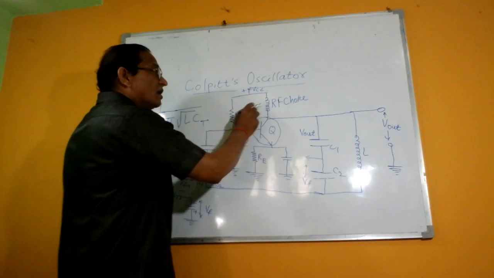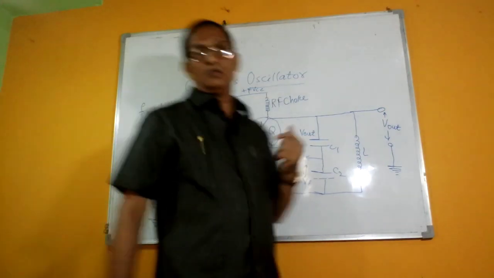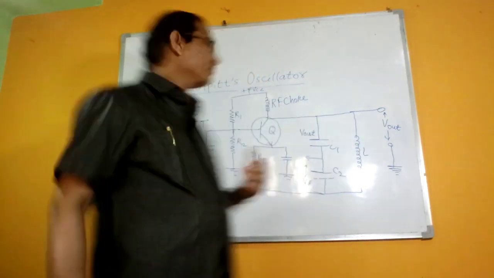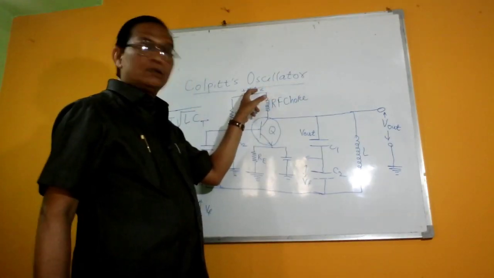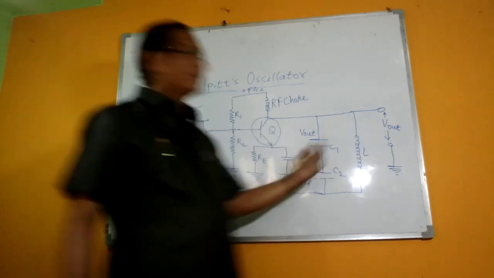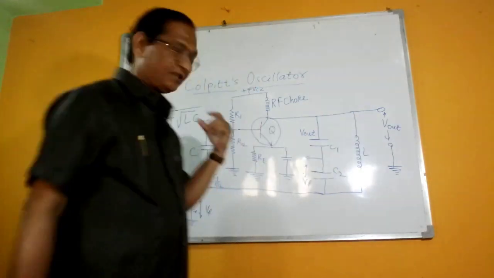Okay. Now here the RF choke is used to decouple the AC mains from this supply, and it will not affect the V out of the device.